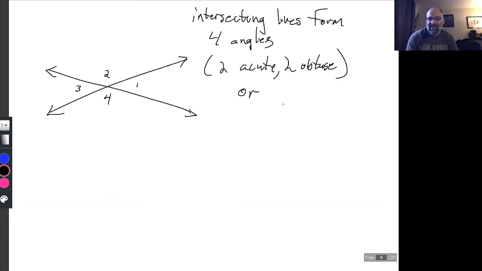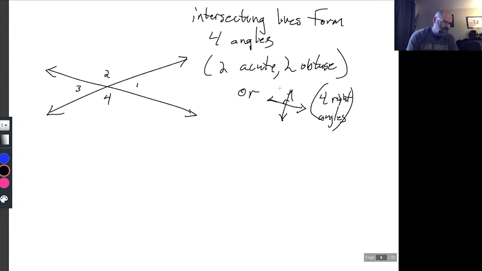And sometimes if you have intersecting lines that look like this, then you're going to say four right angles. So either you're going to have two acute angles like 1 and 3 and two obtuse angles like 2 and 4, or you're going to have four right angles like in this little diagram here.